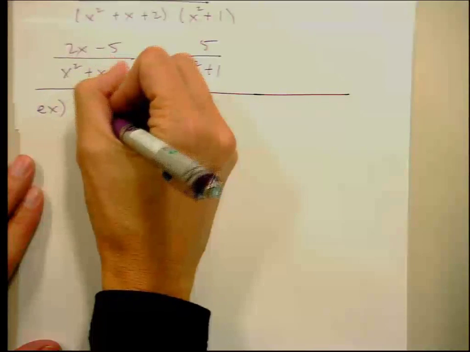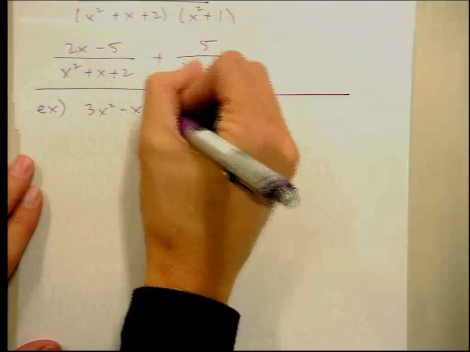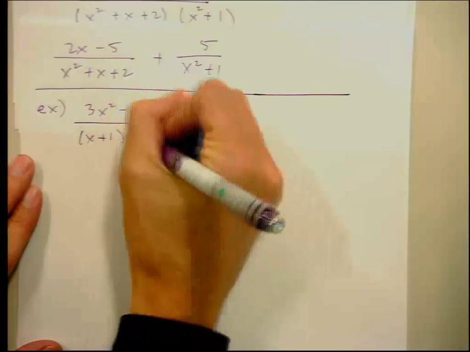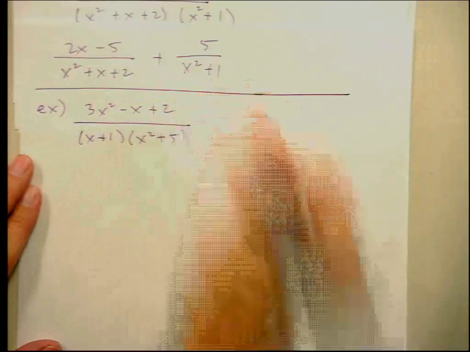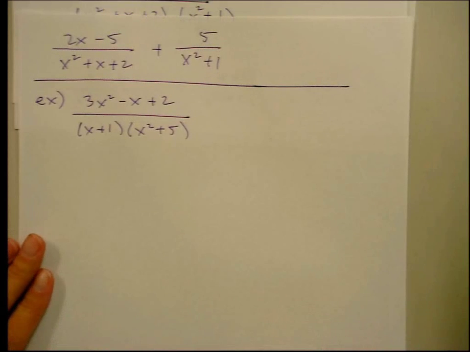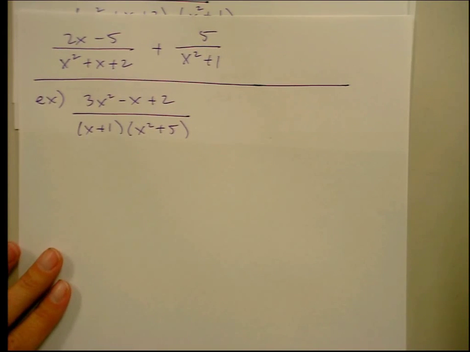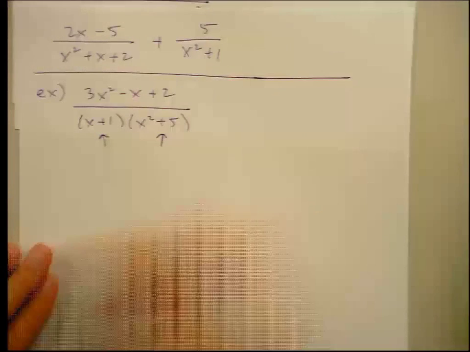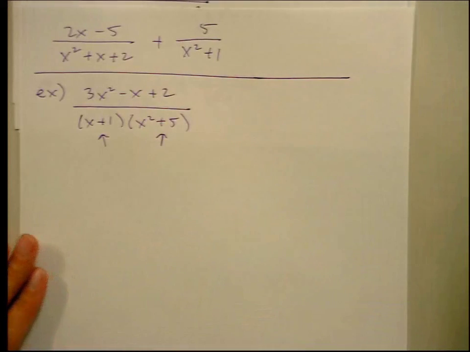This example has 3x squared minus x plus 2 in the numerator, x plus 1, x squared plus 5 in the denominator. This would be a great place for you to hit pause and see if you can set up the template on your own. See if your template matches mine. So hit pause, and then when you're ready, hit play again and see if your template matches mine.